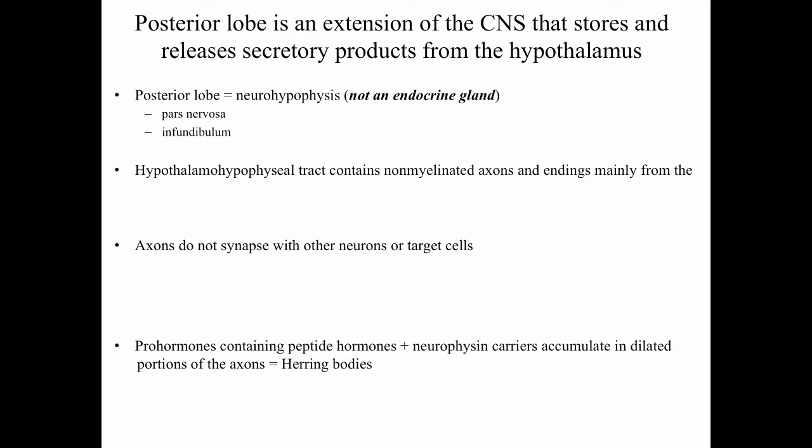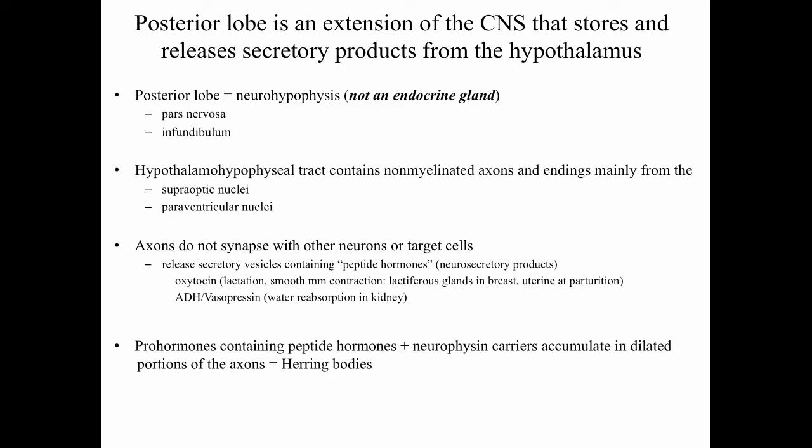Now, the hypothalamic-hypophyseal tract contains non-myelinated axons and endings that come mainly from the supraoptic and paraventricular nuclei that are in the hypothalamus. And remember, when we talk about these nuclei, we're talking about clusters of cell bodies of neurons in a brain region.